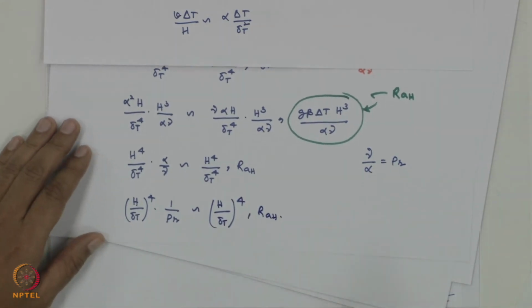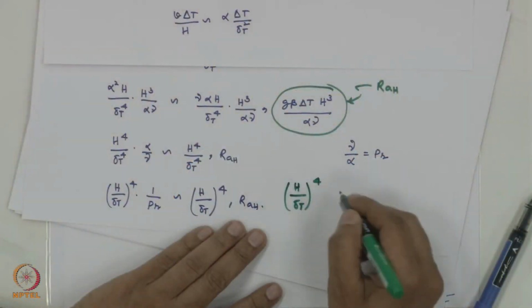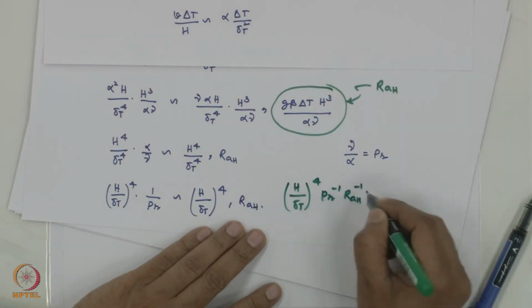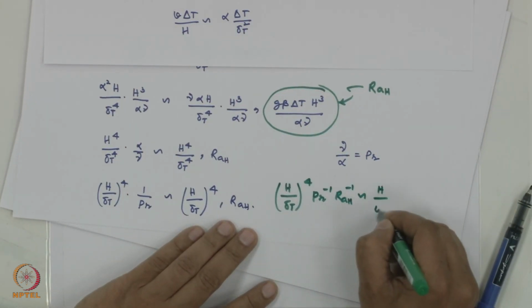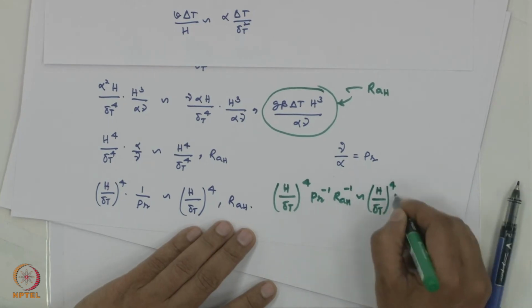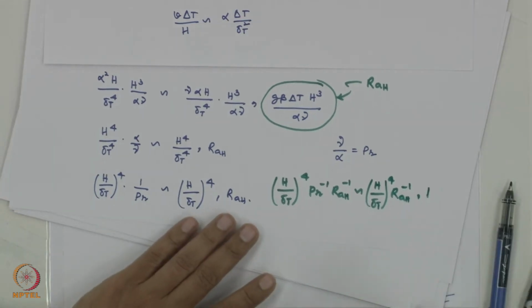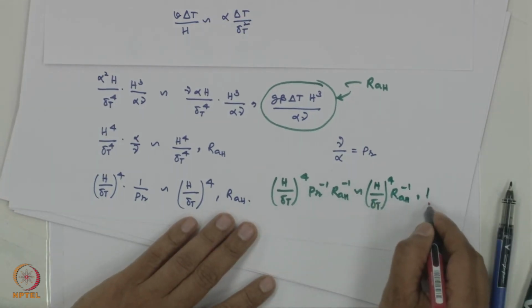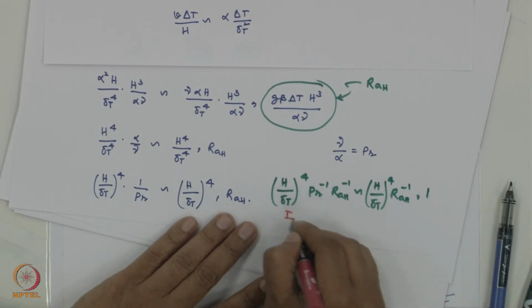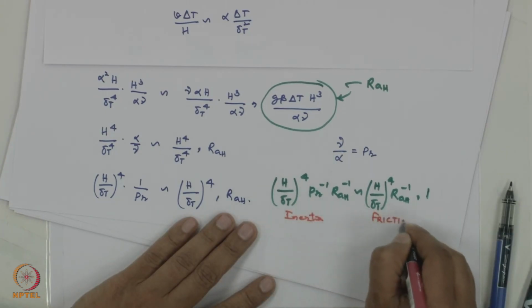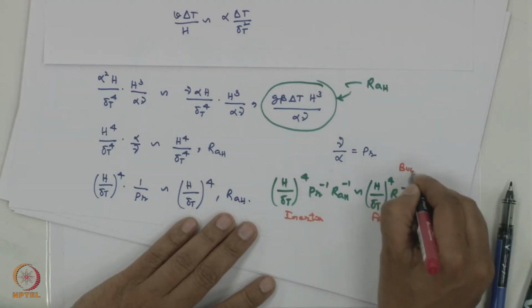If I divide throughout by Rayleigh number, I am going to get h by delta t to the power of 4 Prandtl to the power of minus 1 Rayleigh number to the power of minus 1 is of the order of h by delta t to the power of 4 Rayleigh number to the power of minus 1, comma 1. Why did I do that? Because buoyancy is essential, so I made it 1. I cannot neglect it. So this is inertia, this is friction, this is buoyancy.